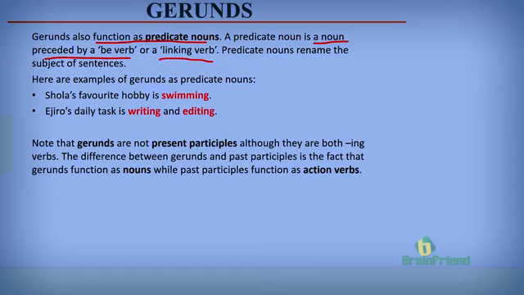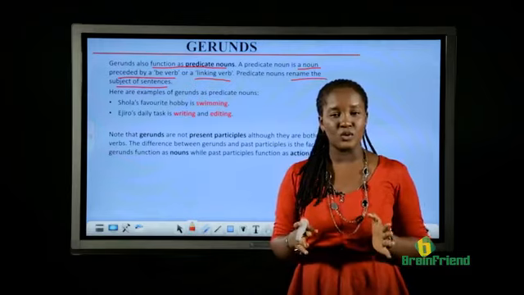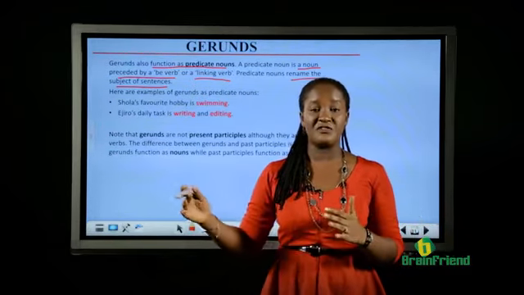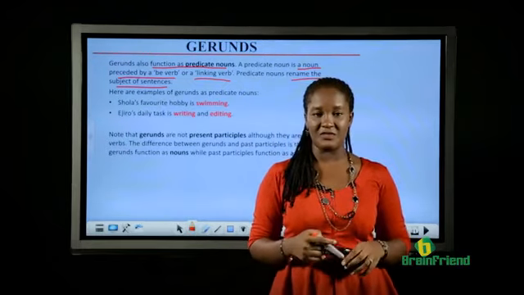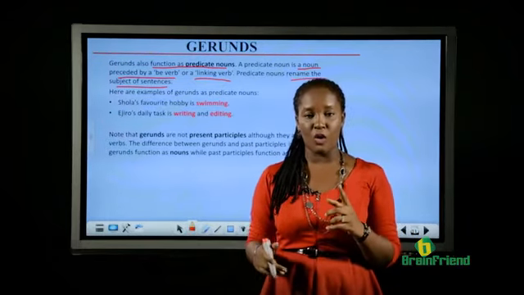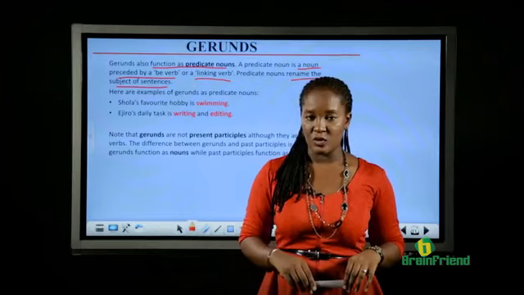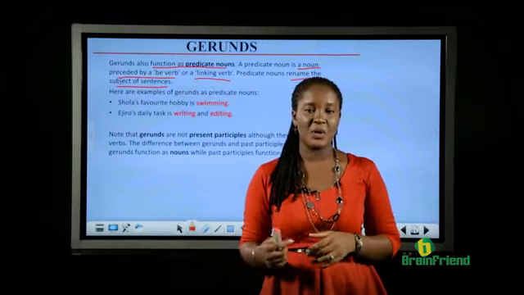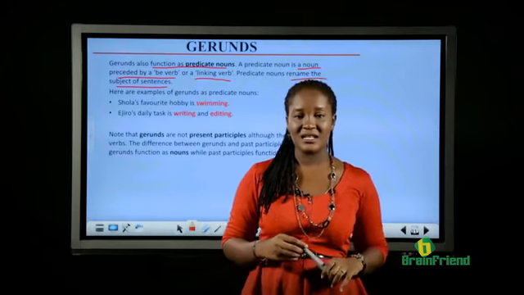Predicate nouns rename the subject of sentences. When you find a noun occurring after a be verb, that is the forms of the verb to be, or a linking verb, such a noun is called a predicate noun. And gerunds perform or act as predicate nouns in sentences.